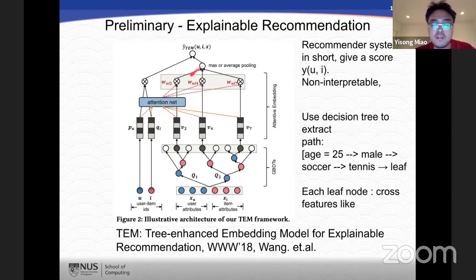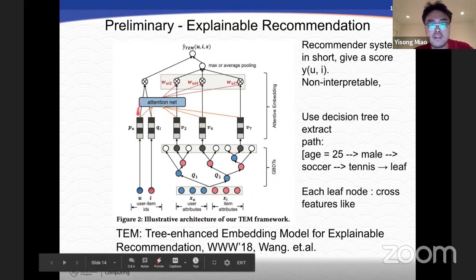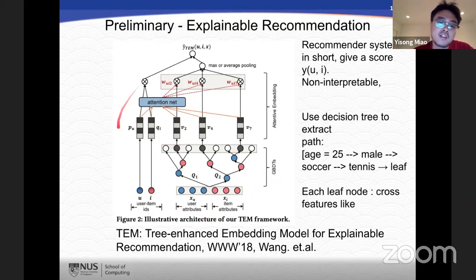They do max or average pooling, and feed the result into an MLP, a multi-layer perceptron model, to finally give a score between the user and item and their attributes, right? So the interpretability part is achieved by the decision tree here, and the performance part is guaranteed by the neural architecture, because the neural network has a generalization ability. So here is a good balance, and I like this work a lot.